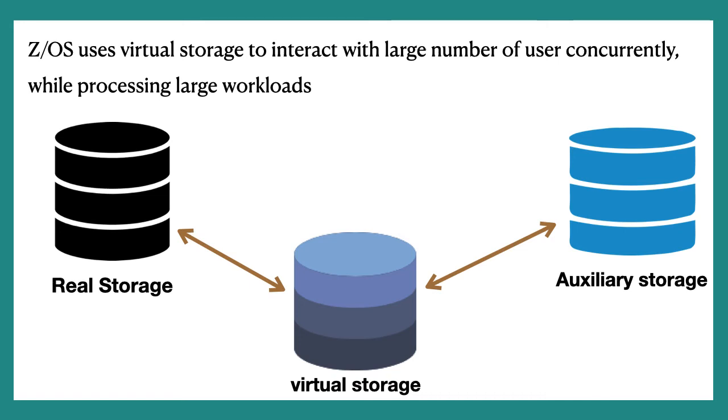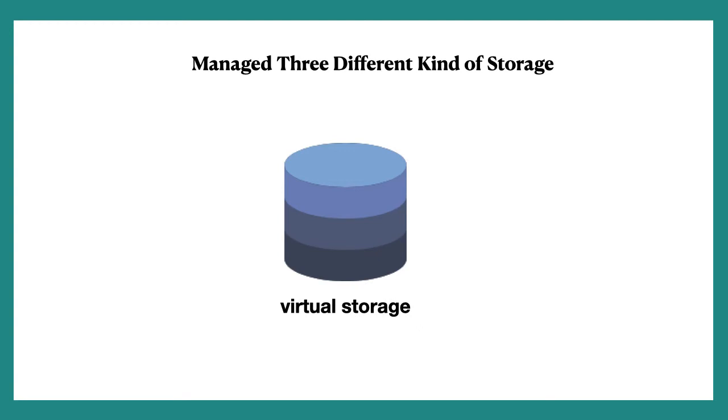In z/OS, virtual storage is very important. z/OS uses both the real, or the central, and the auxiliary storage to enable another kind of storage, and that is the virtual storage.